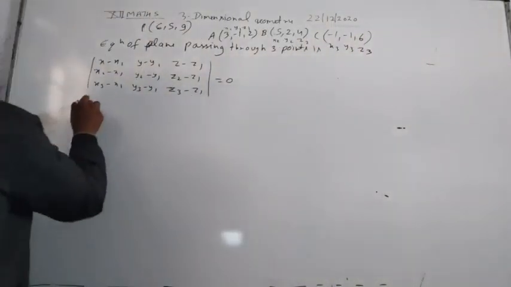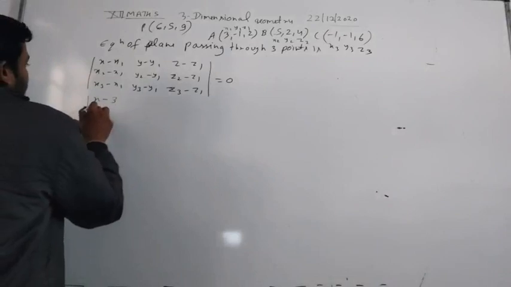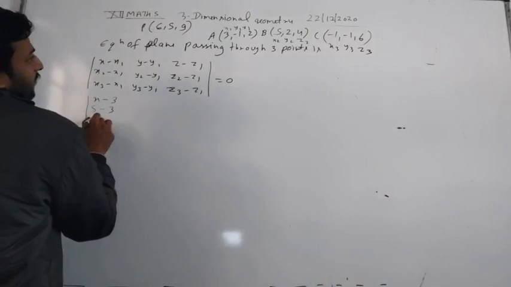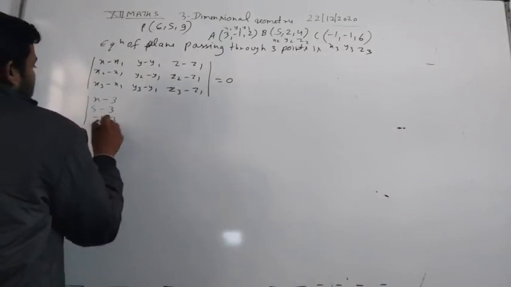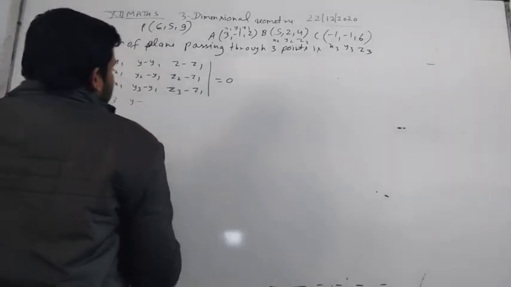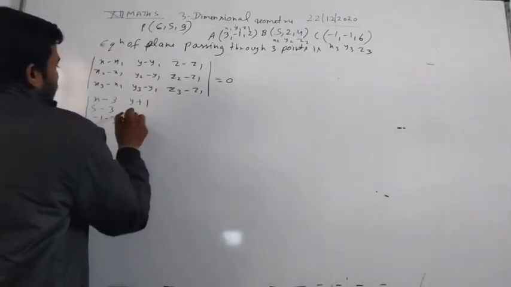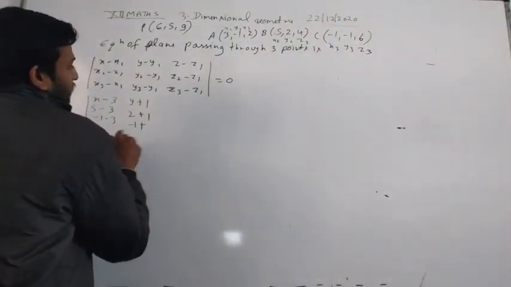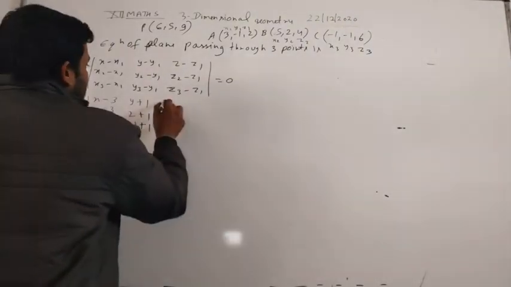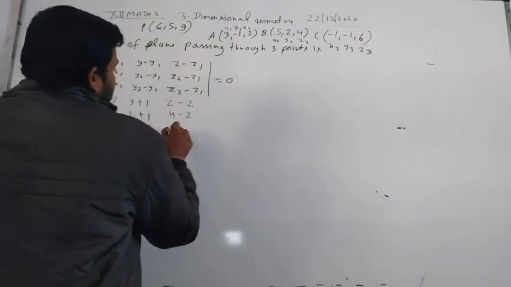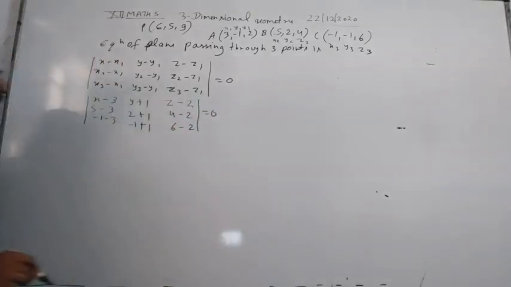Now put all the values. x minus x1 is x minus 3, x2 minus x1 is 5 minus 3, x3 minus x1 is minus 1 minus 3. Okay, y minus y1 is y plus 1, y2 minus y1 is 2 plus 1, y3 minus y1 is minus 1 plus 1. z minus z1 is z minus 2, z2 minus z1 is 4 minus 2, z3 minus z1 is 8 minus 2, which is equal to 0, student.